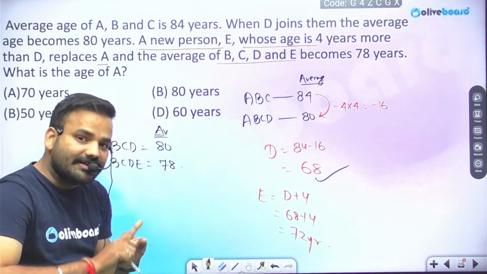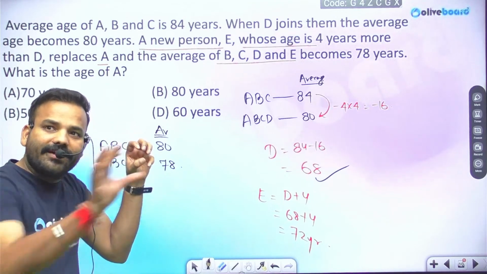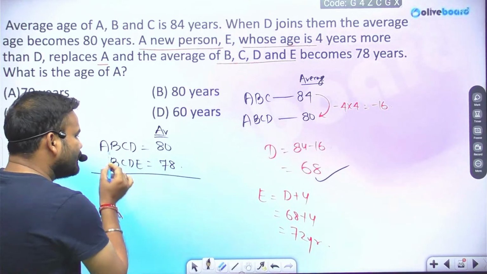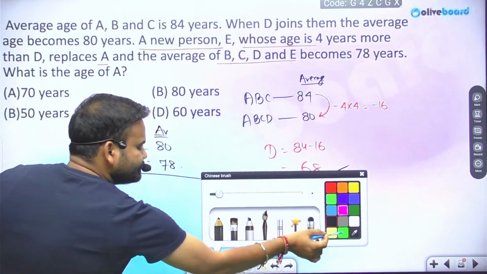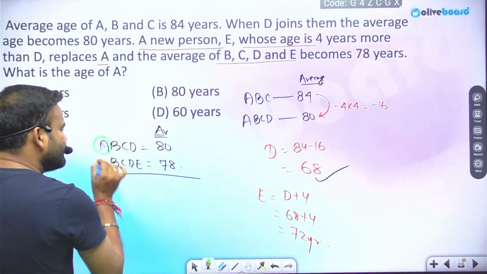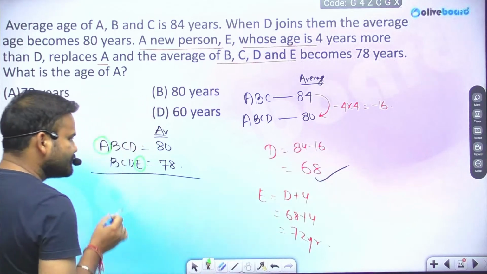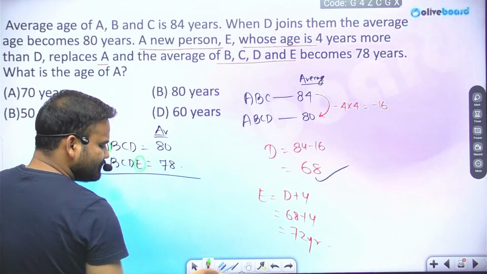Now the question is, initially ABCD was there, now A is being replaced by E and the average changes. That means the age of A and the age of E is not the same. So BCD is constant.